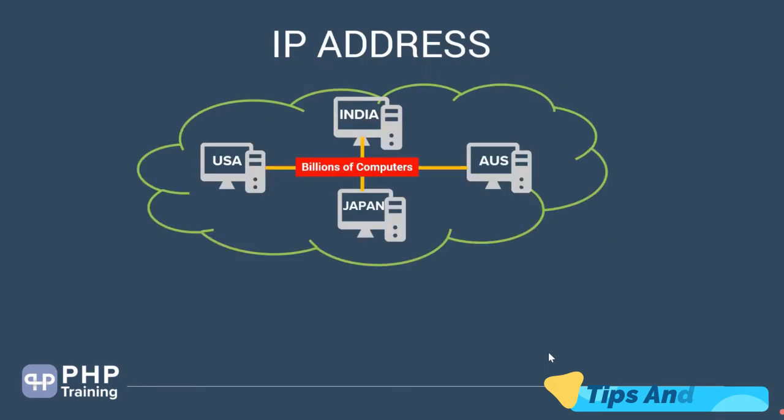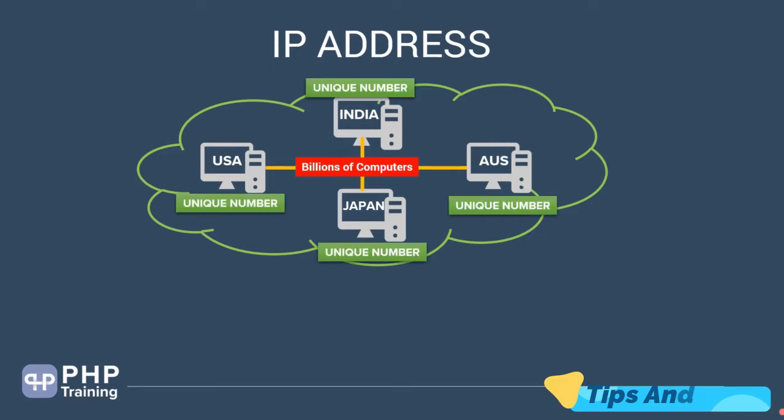Let's take the example of the internet. We say there are billions of computers, so how can you uniquely identify them? You can uniquely identify them by giving each a unique number, and once you give them a number, you can identify them using that number. This number is nothing but an IP address.